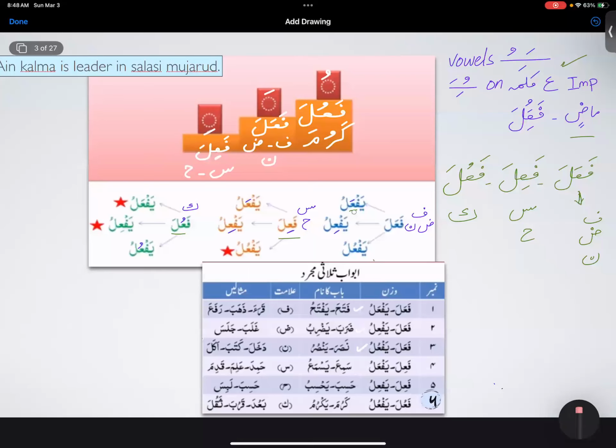When it comes to fa'ala, fa'ala is flexible, and he shakes hand with all three variations. He is happy with all three.